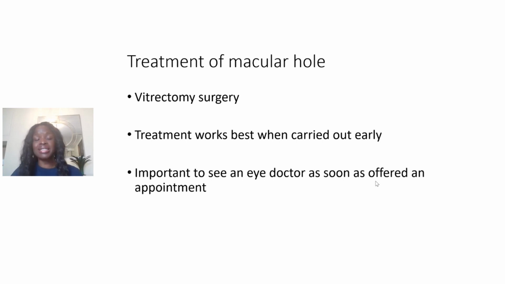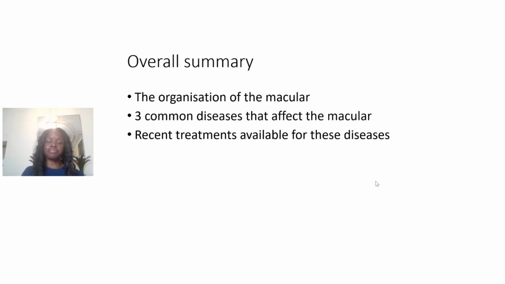The bubble acts as a temporary bandage that holds the edges of the macular hole together and helps your eye close the hole. Treatment works best when carried out early, so it's really important that you see an eye doctor as soon as it's offered, so that you can have the treatment if required.